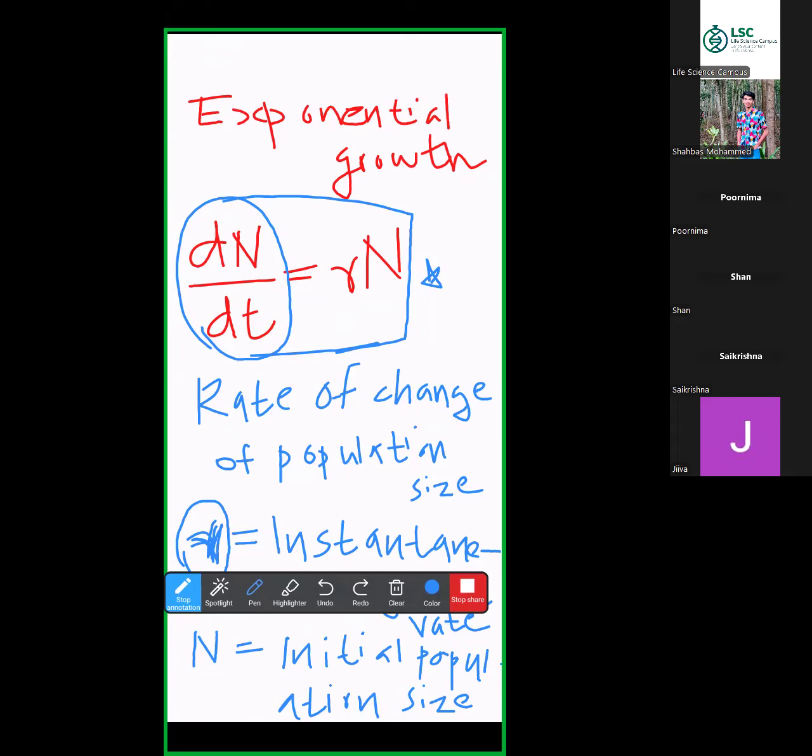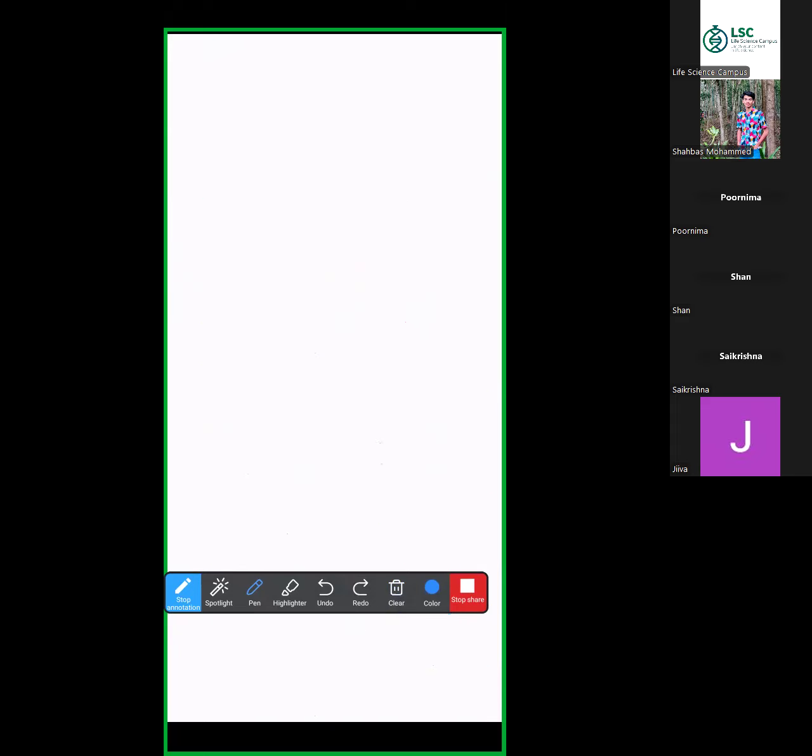Yes, ma'am. This R is given by another equation. R is equal to B minus D, where B is the birth rate and D is the death rate.